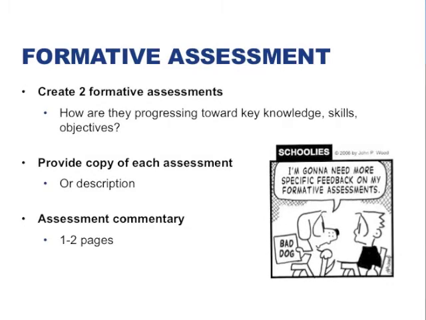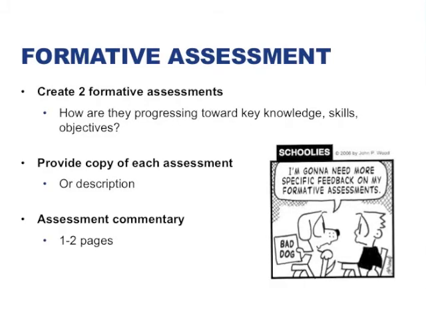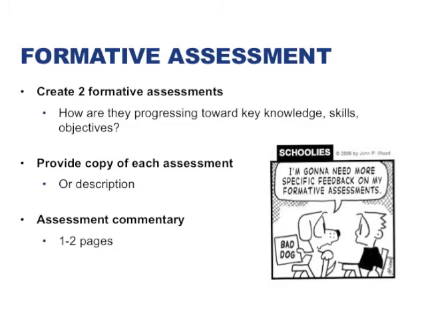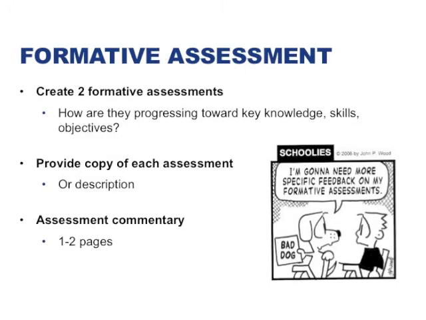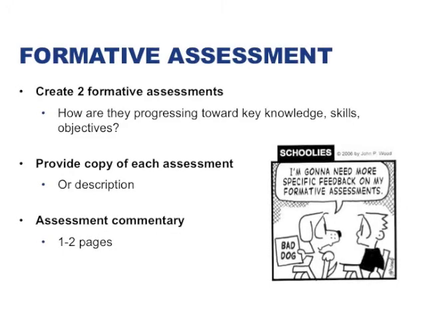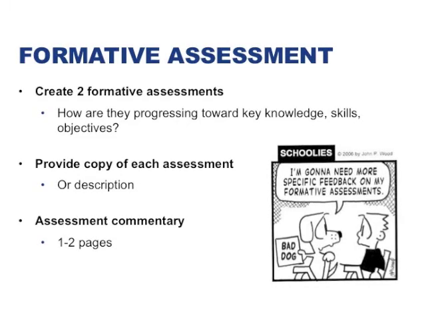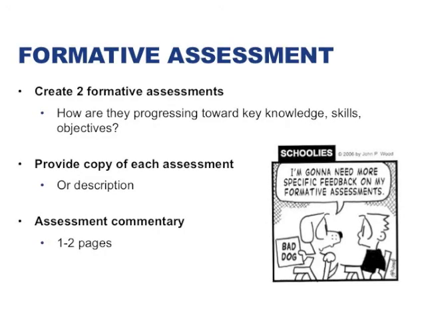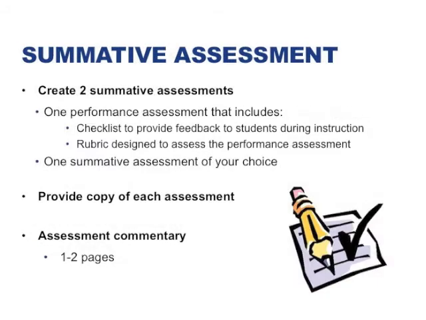These 2 formative assessments can be actual assessments that you give students, or they can be assessments that you use in terms of a checklist of monitoring behaviors, of asking students questions, just 2 ways that you will know whether or not students are getting it along the way. You will also need to provide a copy of those assessments or descriptions of those assessments, and then a commentary, approximately 1 to 2 pages.